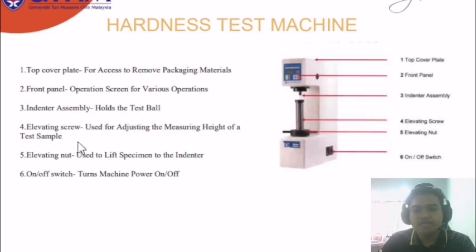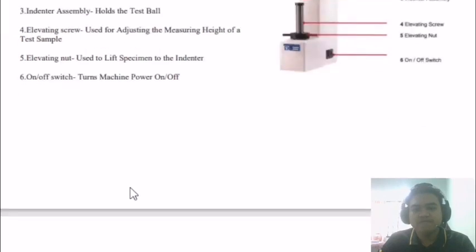Fourth is the elevating screw, used for adjusting the measurement height of a test sample. Fifth is the elevating nut, which is used to lift the specimen to the indenter. And finally the on or off switch, which is used to turn machine power on or off.